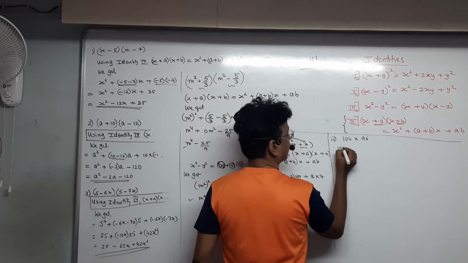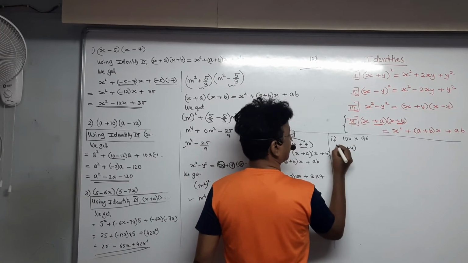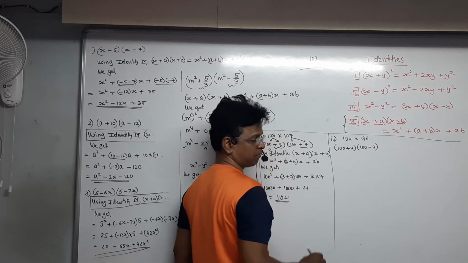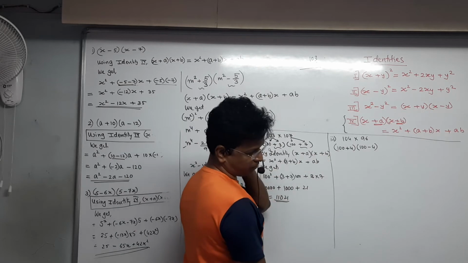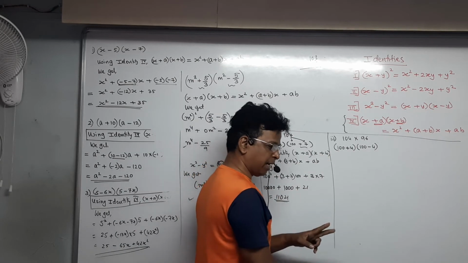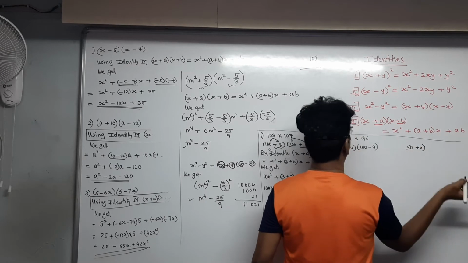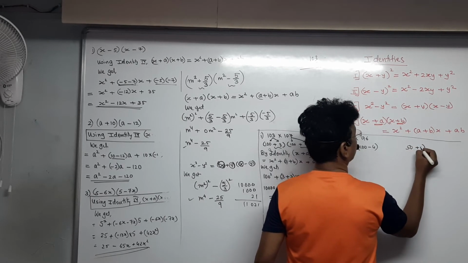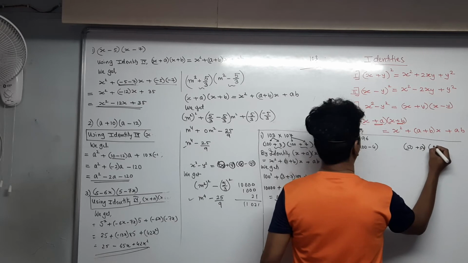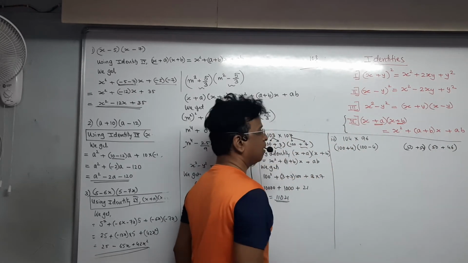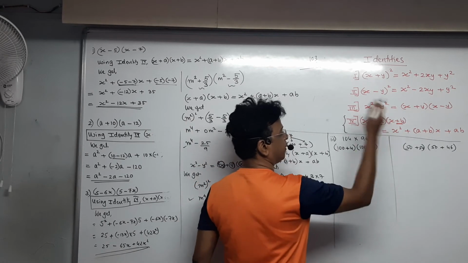Definitely you will get 100 plus 4, and this is 100 minus 4, which is 96. You will definitely get the answer by doing it as 50 plus 54 and 50 plus 46 also. No problem, but the calculation is still going to be difficult.